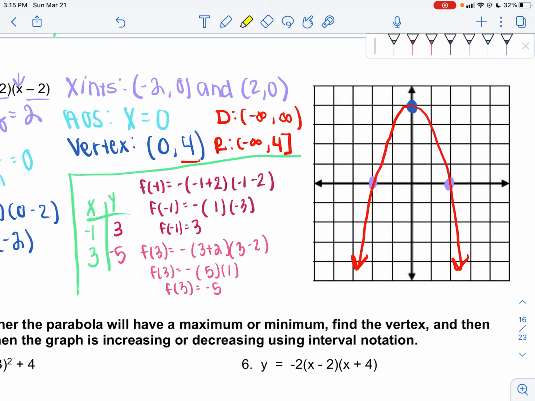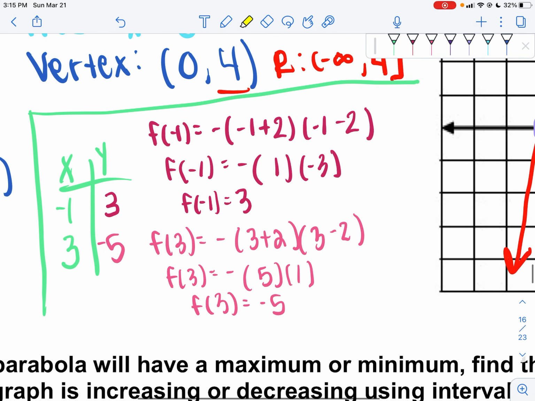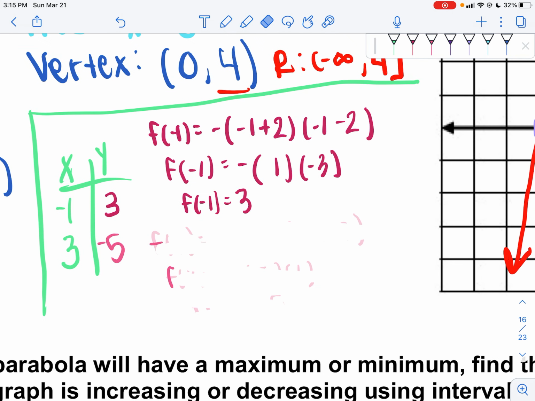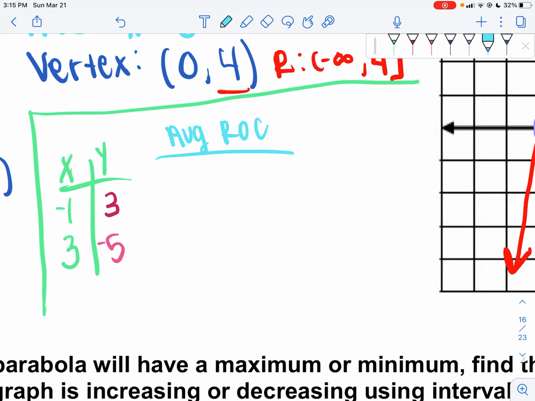All right. So finding the average rate of change now, I'm going to go ahead and erase this so that I have room. Okay, so finding the average rate of change, we're going to find our change in y over our change in x. So if I have 3 minus -5, okay, I started with that top y value, so now I'm going to start with the top x value.